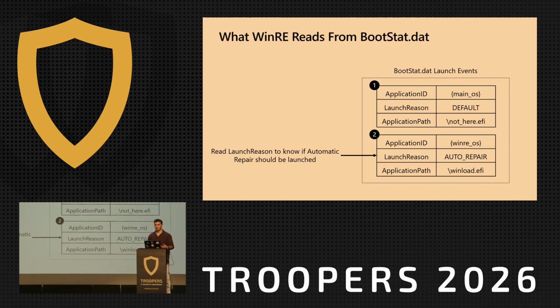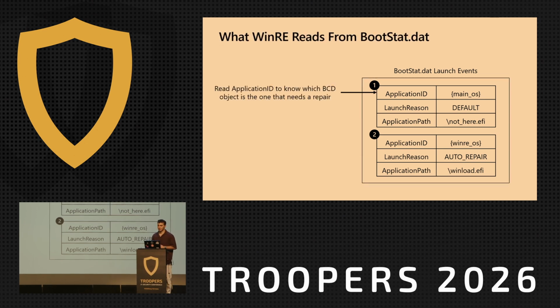Then when WinRE starts, it first reads the last event, and it sees what the launch reason is. If it sees that it's automatic repair, WinRE knows that it should execute the automatic repair. And then after it sees that it's in automatic repair mode, it immediately goes back one event to determine which OS should be repaired. So WinRE looks for the launch event that occurred just before its own.